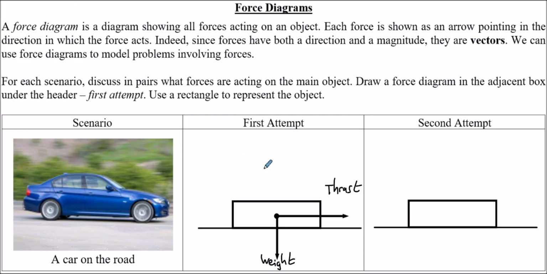Okay, stopping the car from going through the floor is the reaction from the road on the wheels. So I'm just going to do 2 arrows going up here of equal and opposite sizes combined to the weight. So we can call these the normal reaction forces.